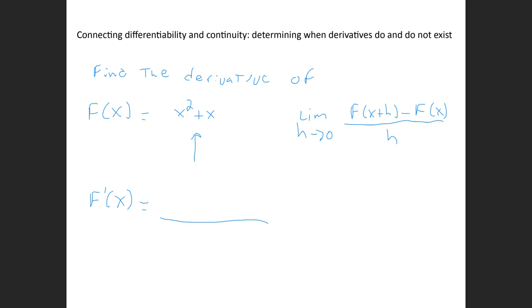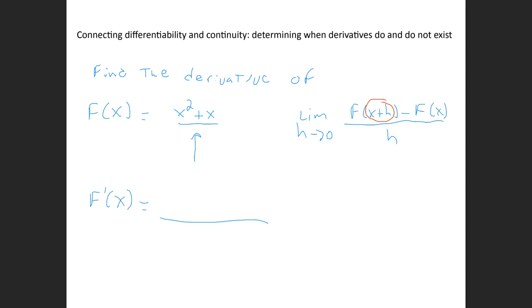All right, so let me work this problem out for you. If I was going to do this, I'm not going to put x squared plus x. I'm going to put x plus h wherever I see x.